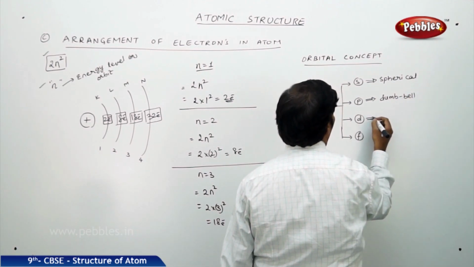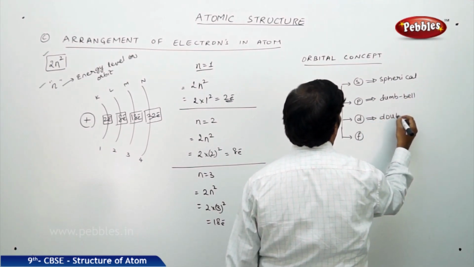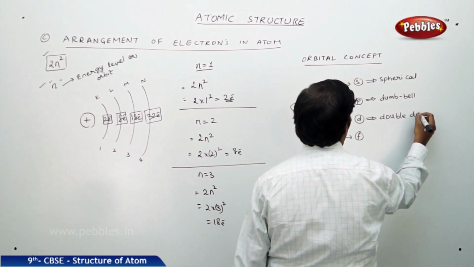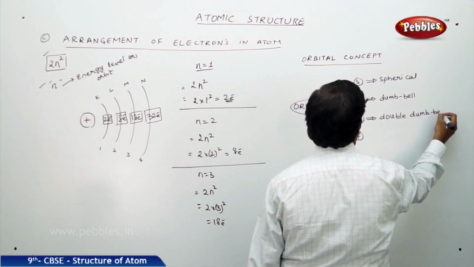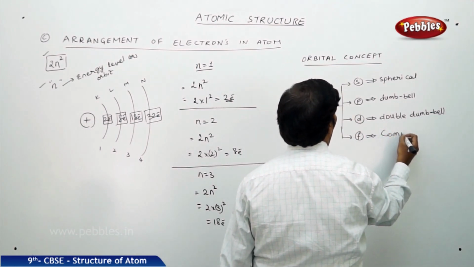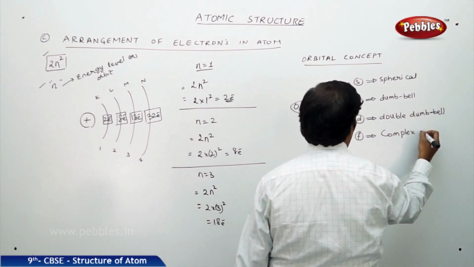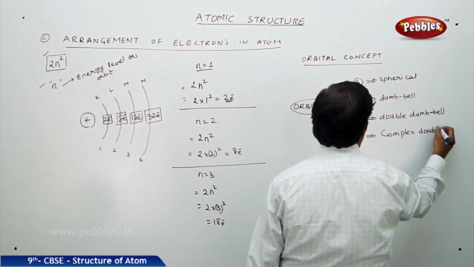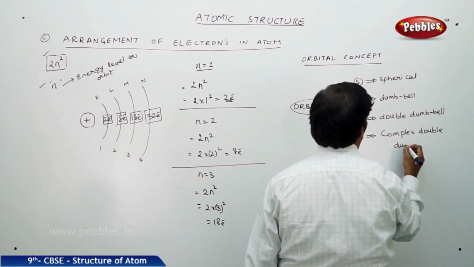the d orbital is double dumbbell, and the f orbital is complex double dumbbell.